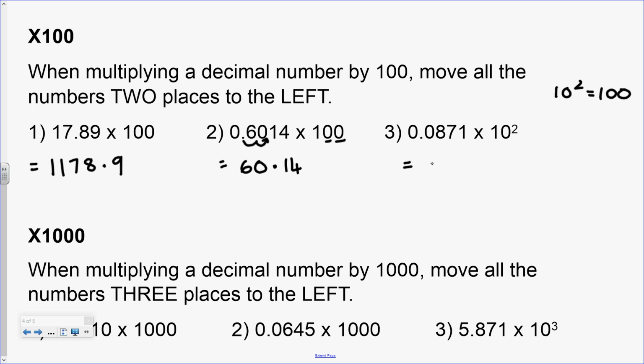Okay, so if you need to, you can write that out again as 100 to keep yourself right. So timesing by 100. Remember, we can move the decimal point 2 places over to the right, and that number becomes 8.71. Now you'll notice that there was a 0 in front of the 8. We don't need that anymore. Okay, 0 in front of the decimal is insignificant.